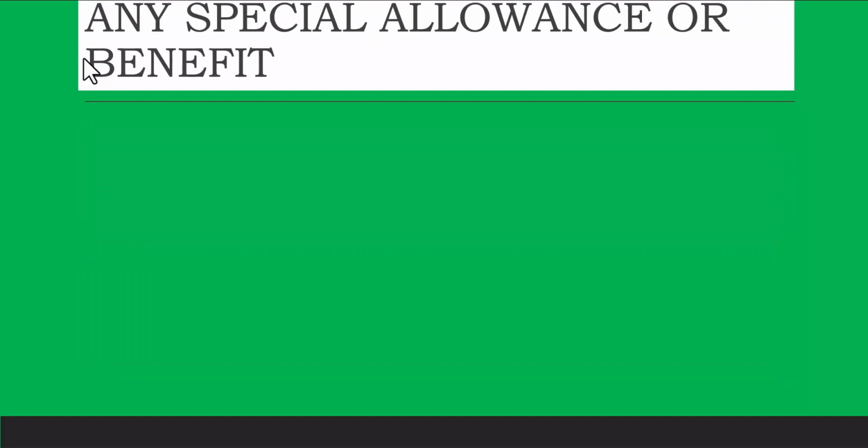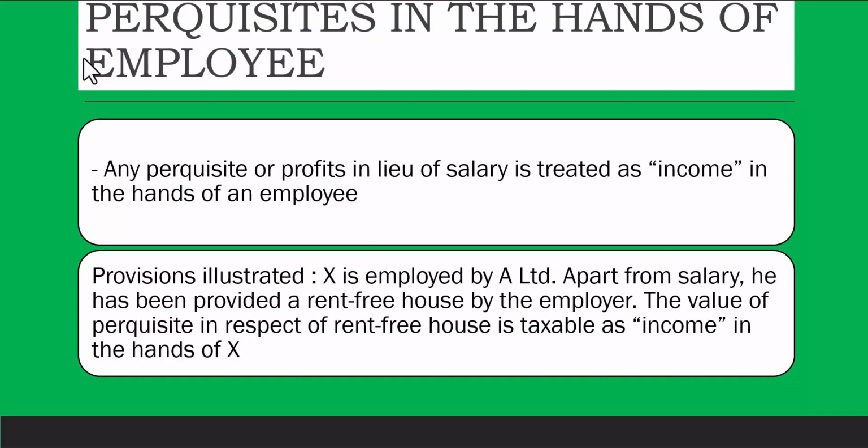For example, a company can say that we give you a servant, and the company is paying 5,000 rupees salary to the servant. That 5,000 will become a perquisite in your hands, and you have to pay tax on it. That 5,000 will be added to your existing income.